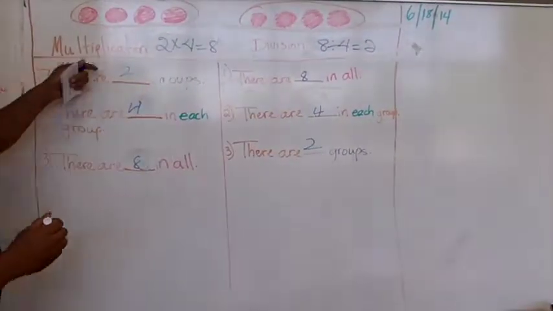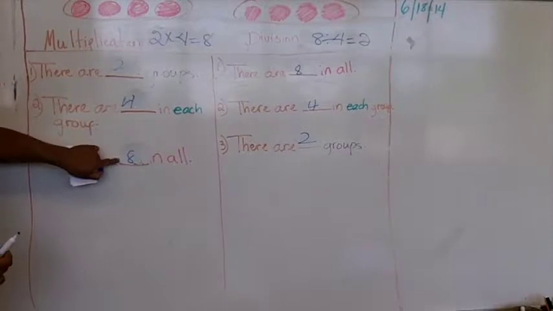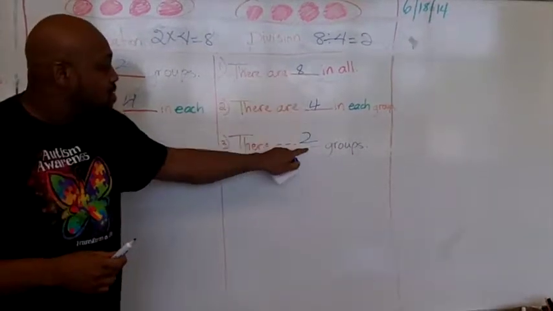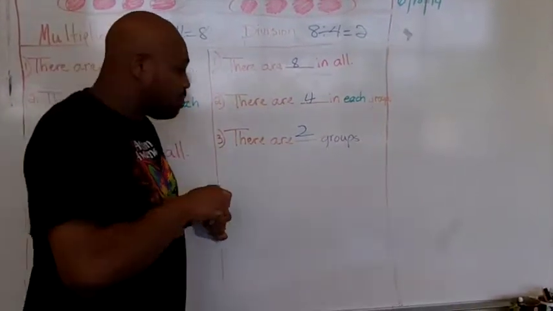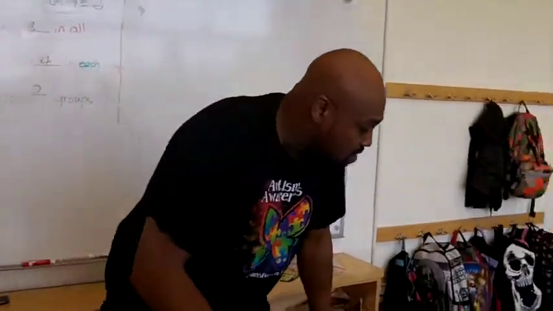So it's pretty much the same as over here. It's in the reversal, right? 2 times 4 equals 8. 8 divided by 4 equals 2. So you see that multiplication and division are the complete opposite of one another.